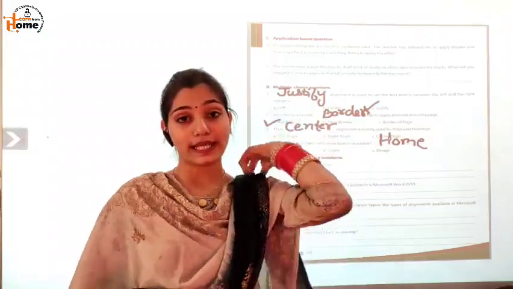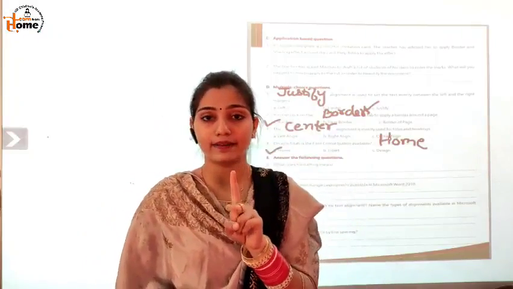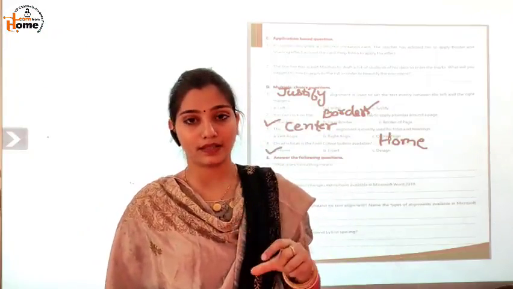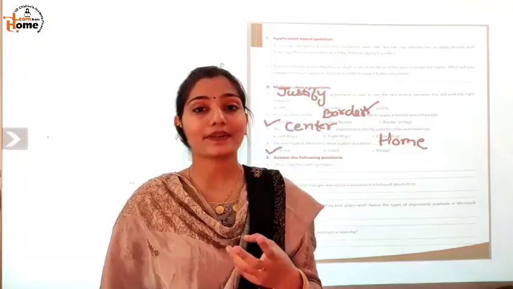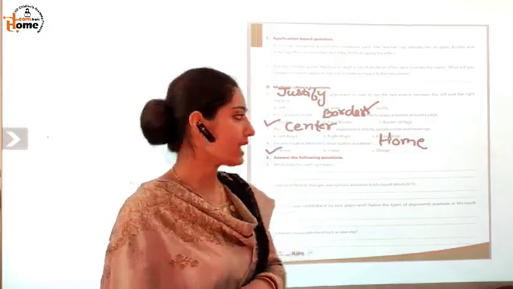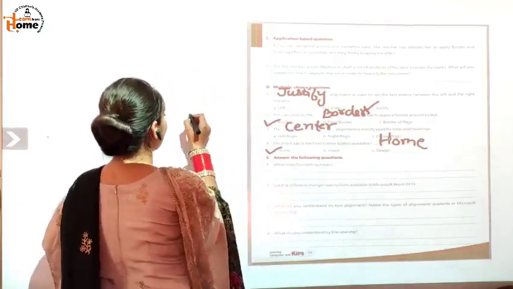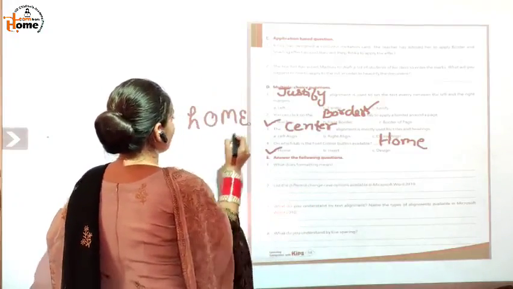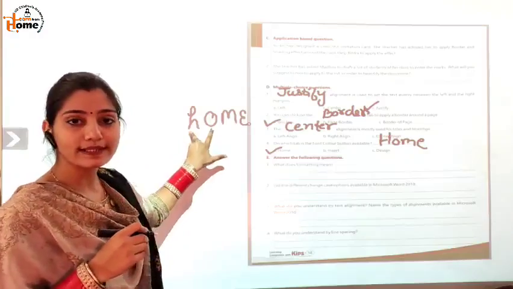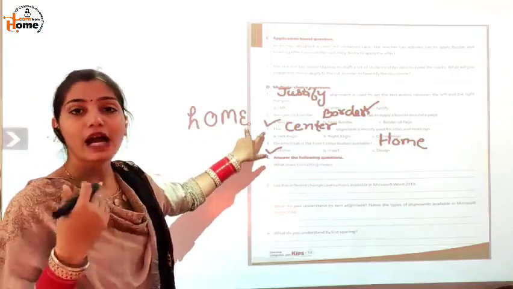In toggle case, the first letter appears in lowercase and all other letters appear in the uppercase. Okay? Like this. If you have to write home, it will be written like this. H in lowercase, O and E in uppercase.